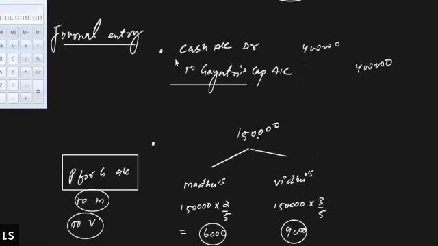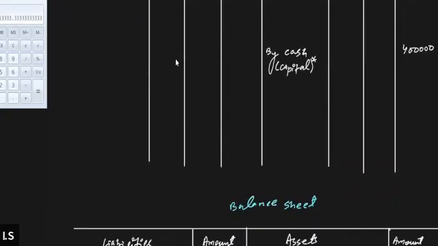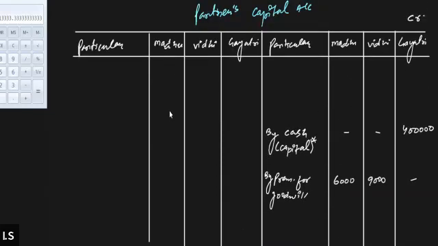So let's do that. Going to the partners capital account, we'll write down by premium for goodwill. Madhu's account is going to be credited by 60,000, and Vidhi's account will be credited by 90,000. Got it? Is this clear? Yes or no? Yes, sir.